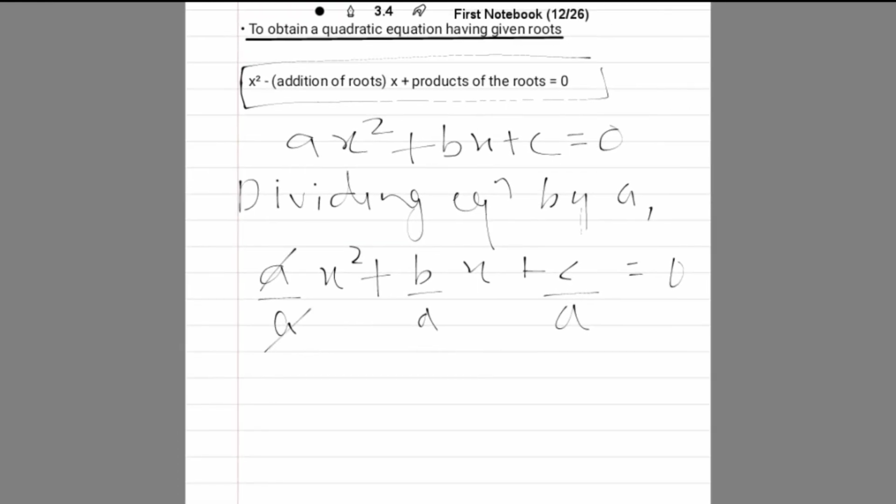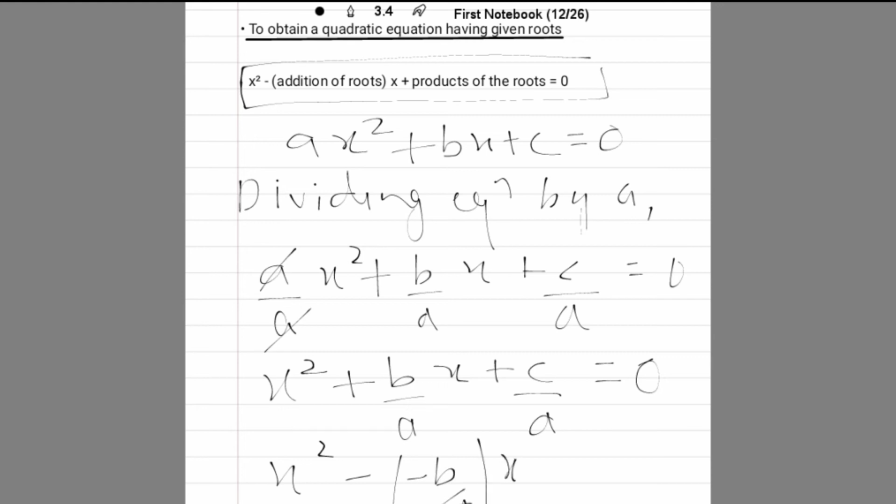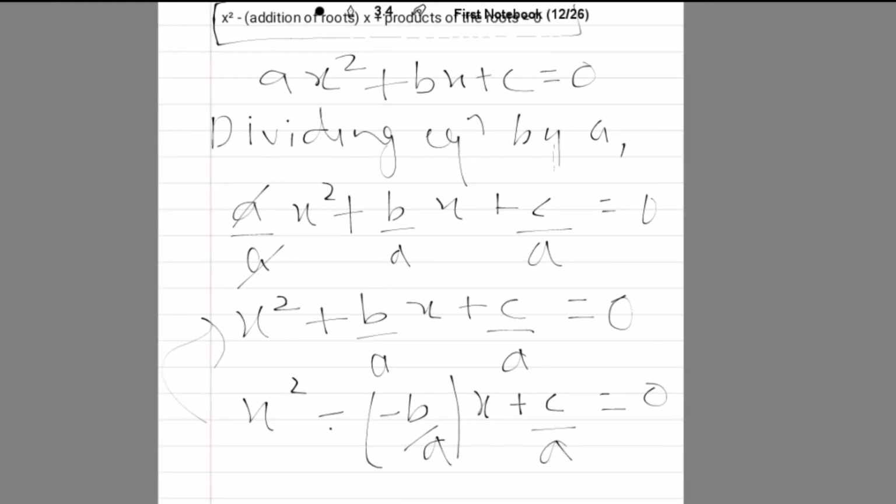Now this a and a will get cancelled. We get x square plus b by a x plus c by a is equal to 0. Now can we write this as x square minus of minus b by a into x plus c by a? Yes, we can write it like this because minus and minus will give plus and we will again get the same equation. So it doesn't matter if we write it like this.